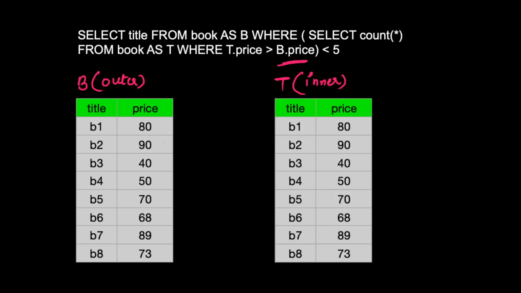What we do is we execute this inner query for each of the rows of the outer query. That means for each of the rows of the outer query, we are going to execute this inner query.